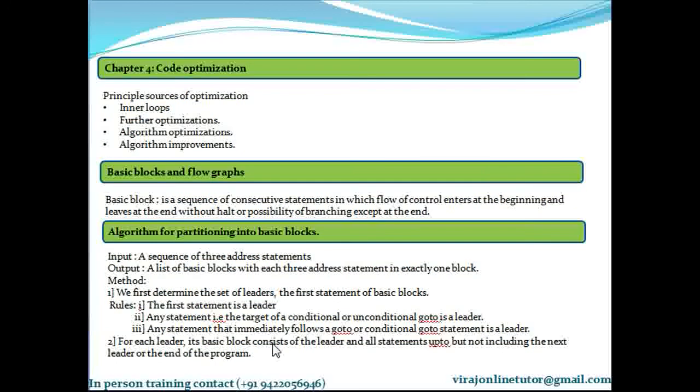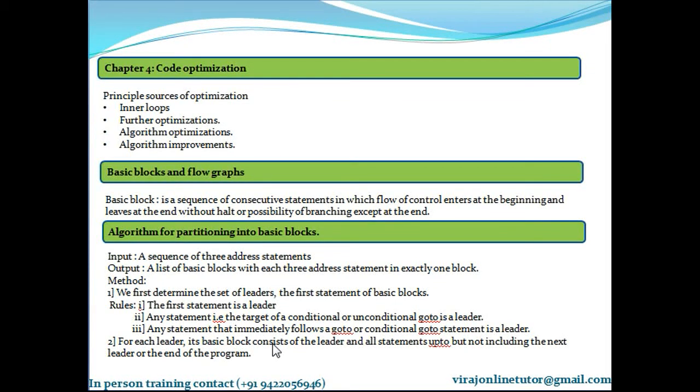Okay, so what are the rules here? How do we find out the leaders? The first statement of your 3 address code is the leader. The second rule says any statement that is the target of a conditional or unconditional goto is a leader.